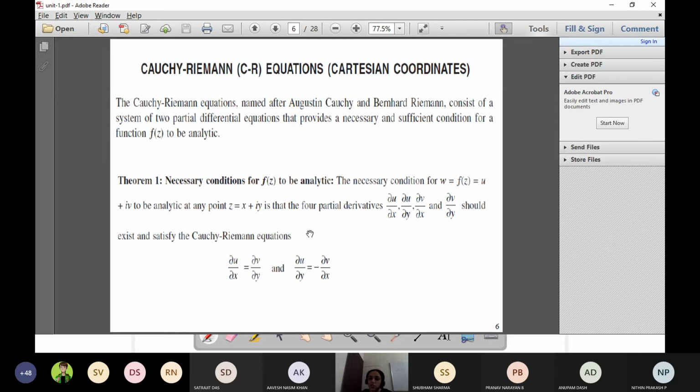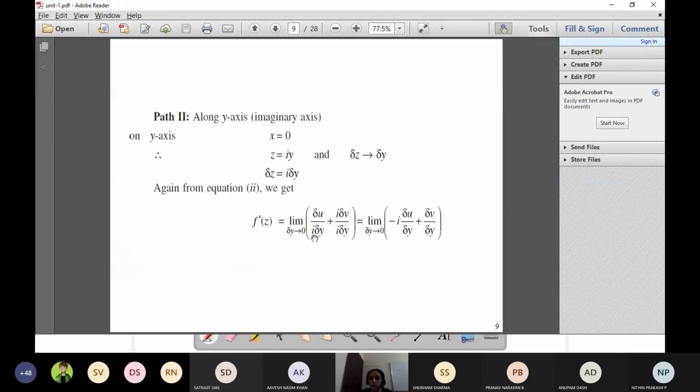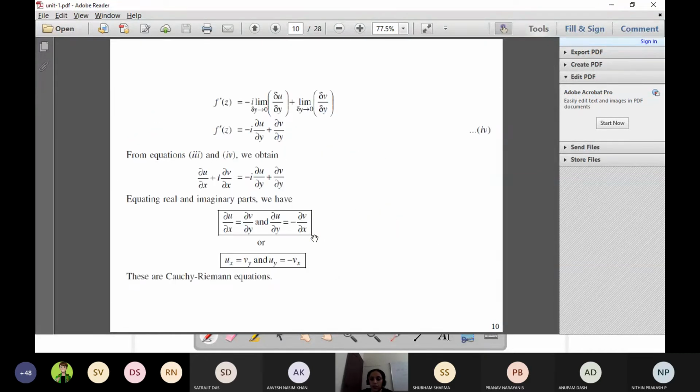Then only we say that the function is analytic. A proof exists for that, but I'm not proving it because it's not needed.